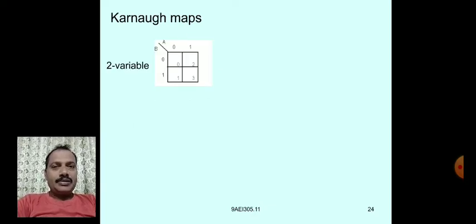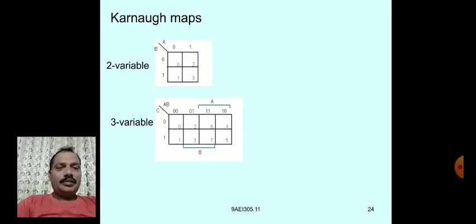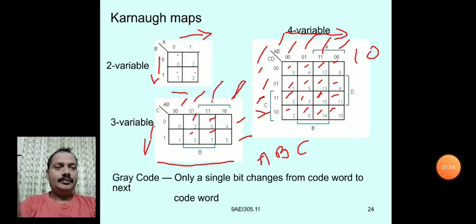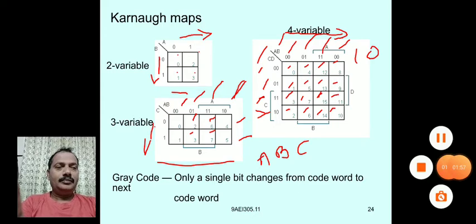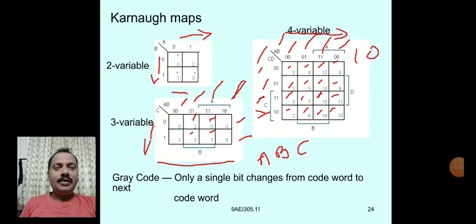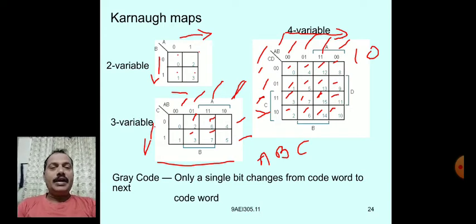So K-maps may be 2 variable, 3 variable, or 4 variable K-maps. In the 2 variable K-map we have 0 1 and 0 1 combinations you have to write.